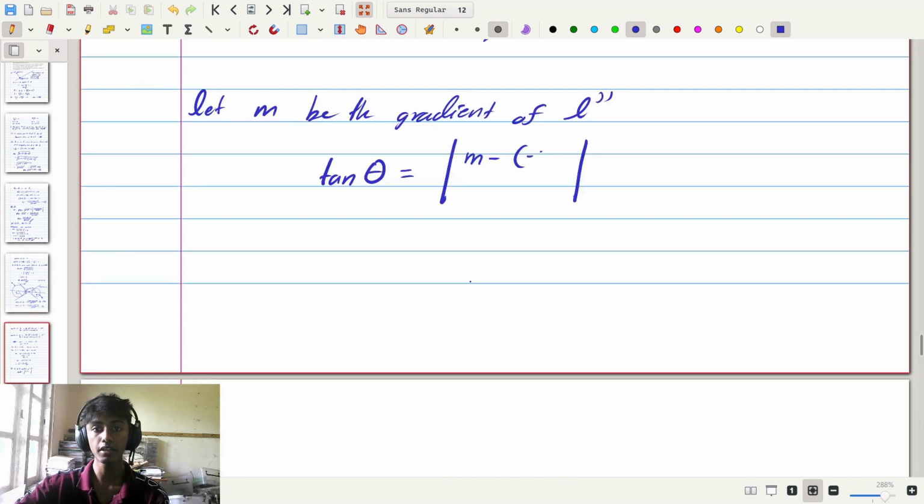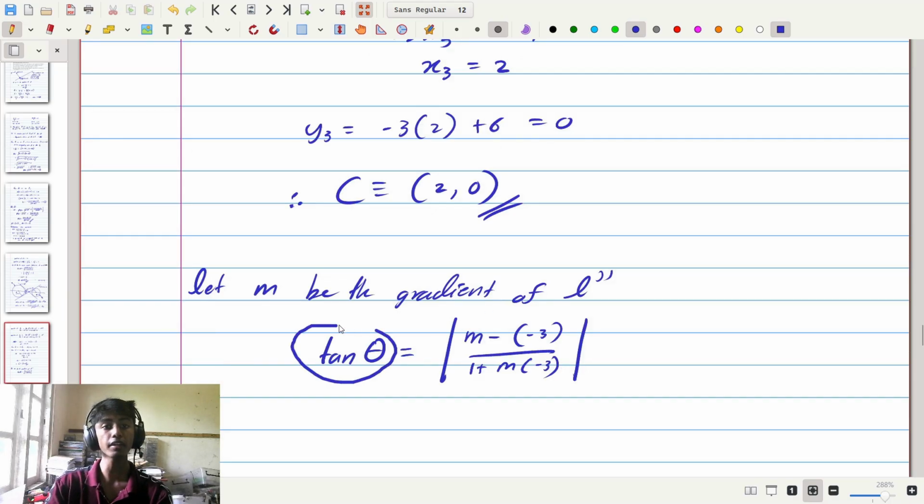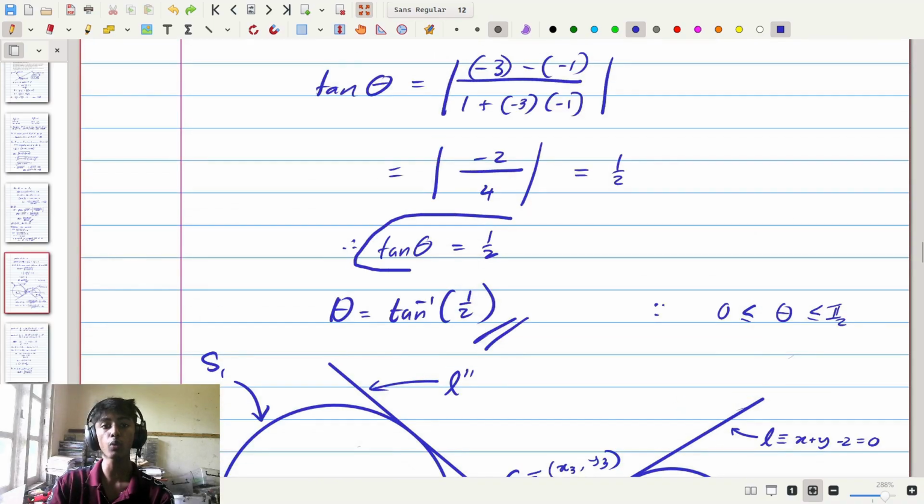So we can write m minus -3 divided by 1 plus m times -3. Now we can substitute and simplify a bunch of things here. We can first simplify tan of theta, which was found previously to be equal to 1/2.